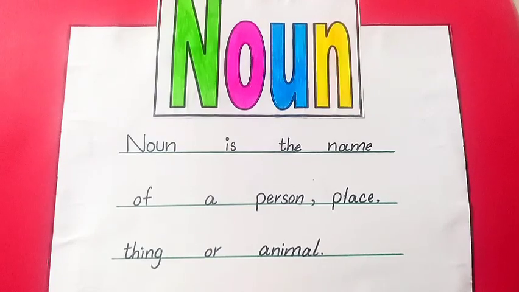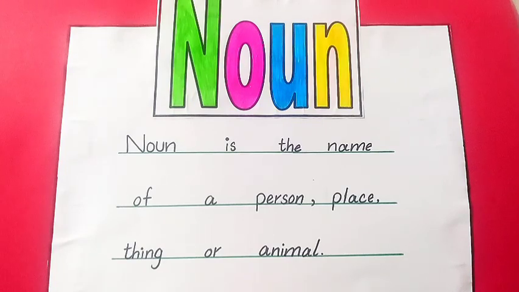For example, for person, the noun might be Sam, Marina, William. For place, the noun is school, hospital, playground, theme park, and for thing, there are a lot of examples, right?